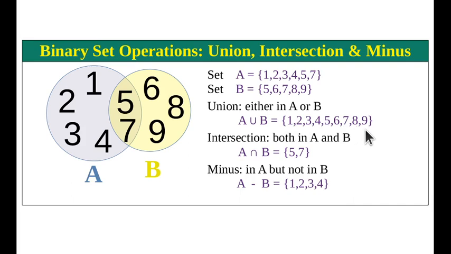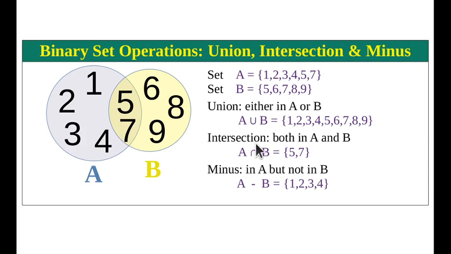In simple language, we can say combining all elements of set A and B together, excluding the duplicates, that is A union B. In the figure also we can see the elements are 1, 2, 3, 4, 5, 7, 6, 8, 9. Right? So the duplicate elements will come once.